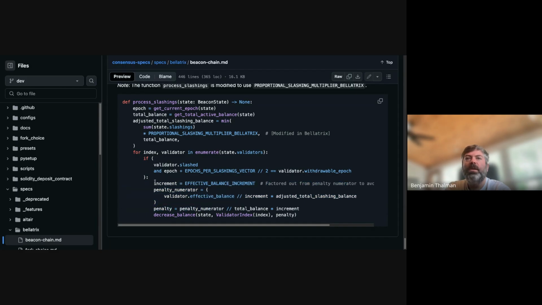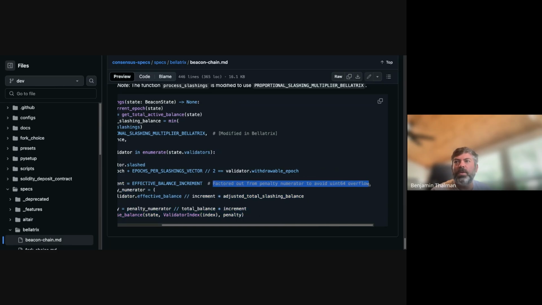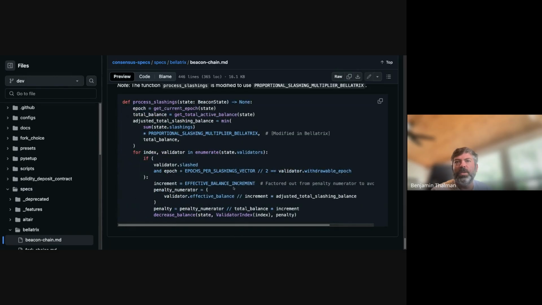So let's start from the top. Increment is 1 billion. I believe the reason for using increment is to avoid, oh yeah, here we go, it actually says it right here: factored out from penalty numerator to avoid uint64 overflow. So that's why you're going to see this increment being divided and then multiplied. But basically just remember this is 1 billion.